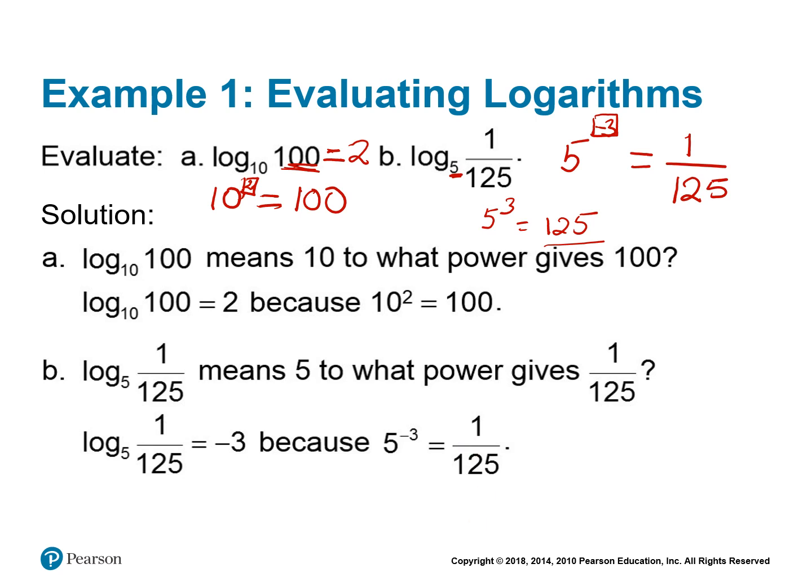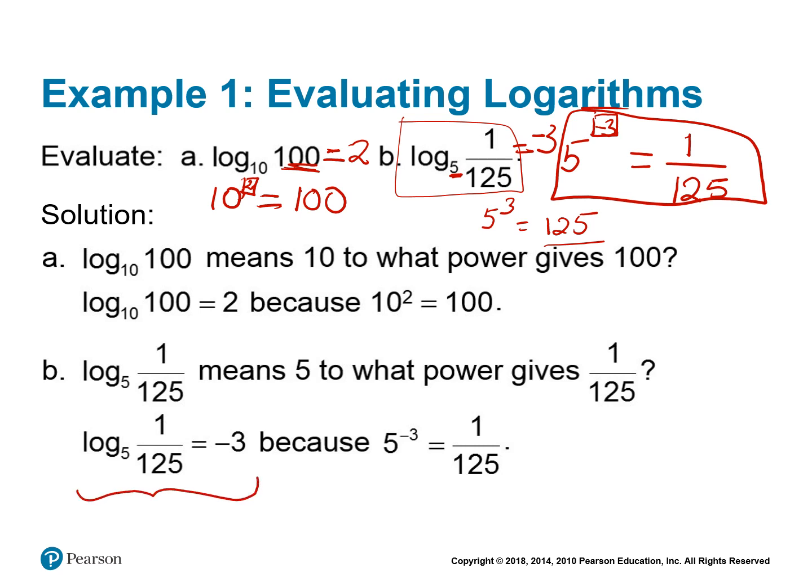So the answer of the evaluation of this entire expression here is going to be negative 3. Okay, I'm going to box this so it's separate from the actual problem here. So your final answer is going to look like this. All right, log base 5 of 1 over 125 equals negative 3.